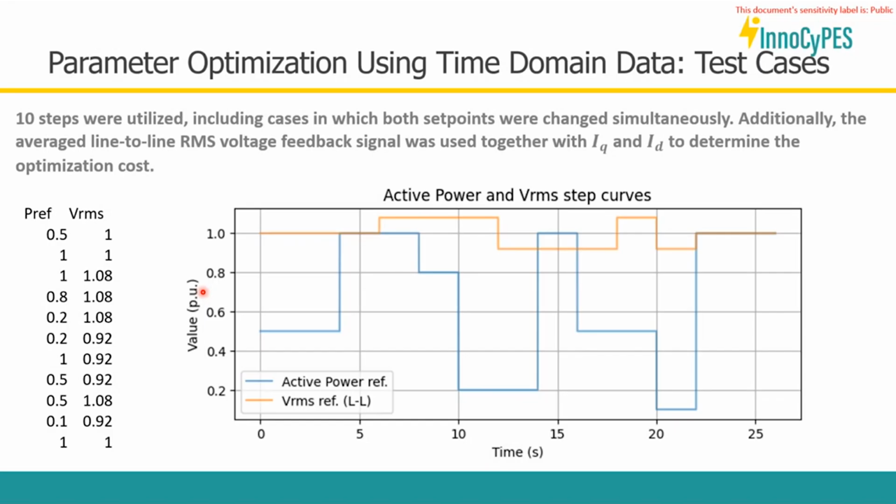But that's the way that we proposed and did it. Those are the steps that we performed. You can see that the power reference started at 0.5, then we jumped it to 1, then we changed the voltage reference, and then we changed the power again. In some cases, we changed the power holding the voltage. Sometimes we changed the voltage holding the power. Sometimes we changed both.